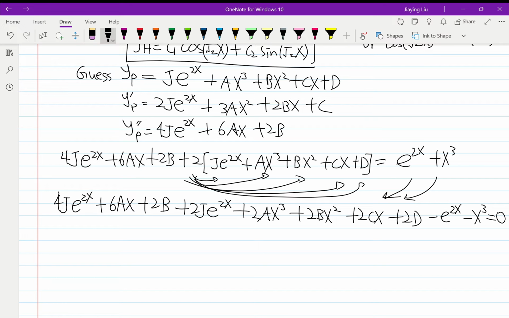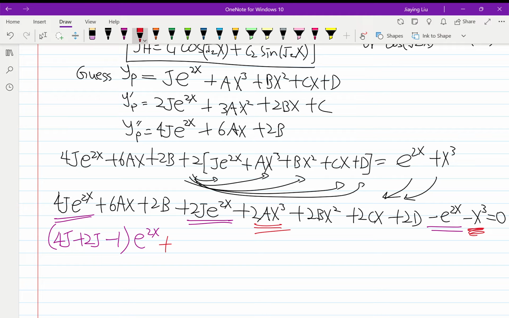And now I'm going to combine like terms. All the terms with e to the 2x, I'm going to group together. So that will give me 4j plus 2j, that's 6j, and then minus 1 times e to the 2x. Then all the terms with x cubed, which is really just two terms, will give me 2a minus 1 times x cubed.